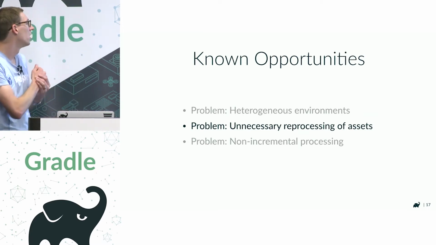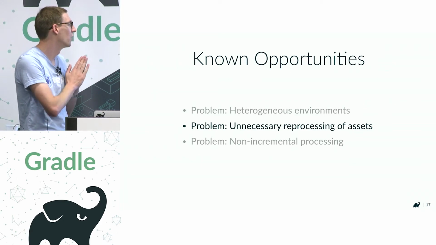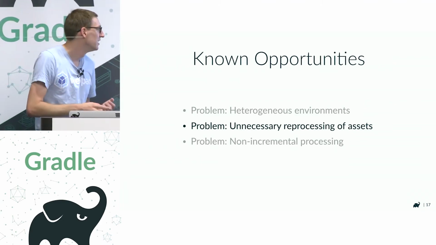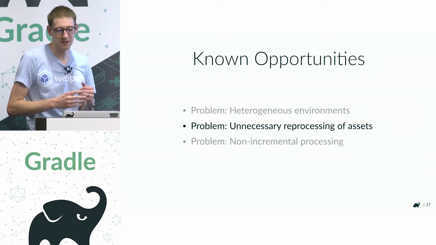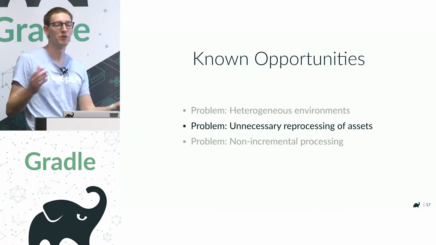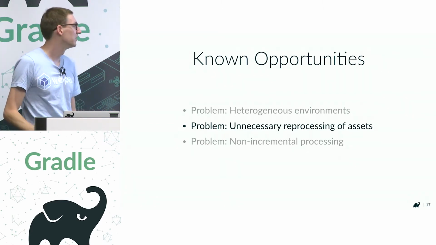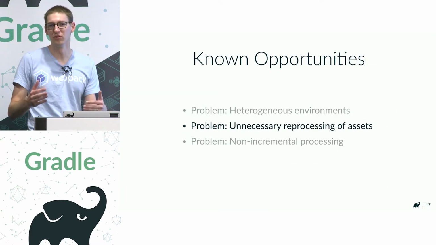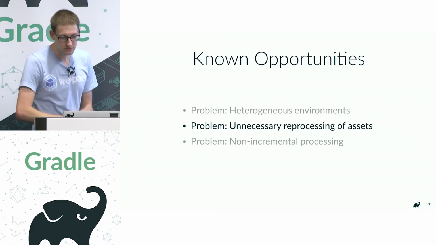Okay, so one of the biggest problems with using web tools to build web assets today is that it does a lot of unnecessary reprocessing of assets. It does this because it makes no assumptions about what the developer has done. It doesn't really track inputs or outputs. And so things like incremental builds are only a thing in watch mode, I think.